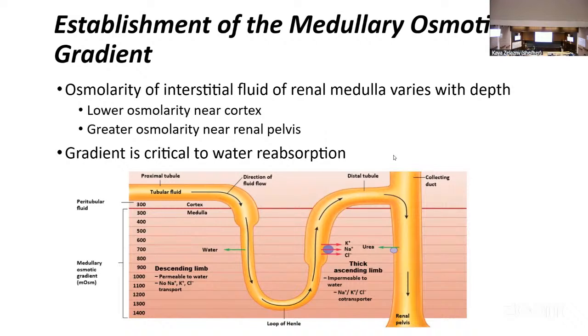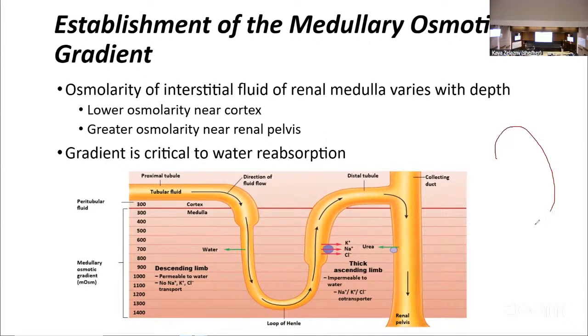So when we're thinking about that positionally, cortex is the outer shell, the pelvis is where everything is going to in the middle here. So what we're saying is that we're going to have greater and greater osmolarity as we run towards the middle here.